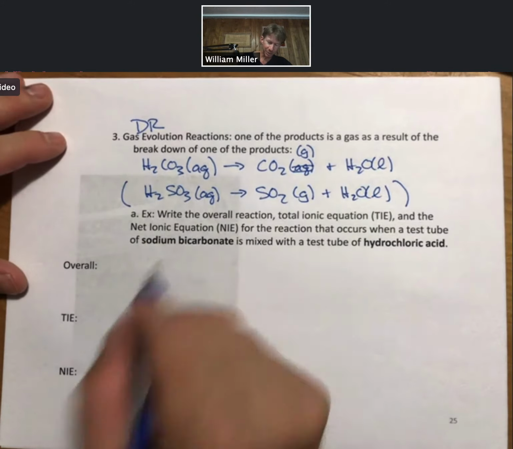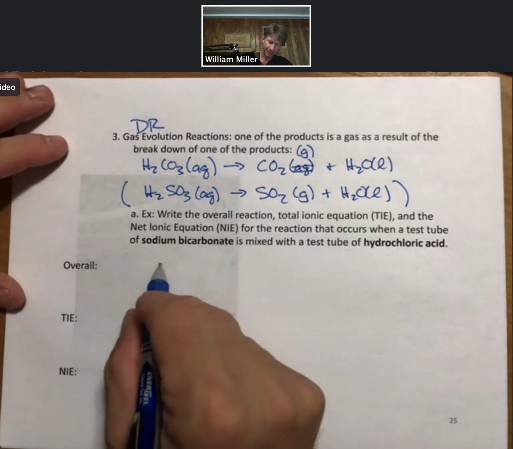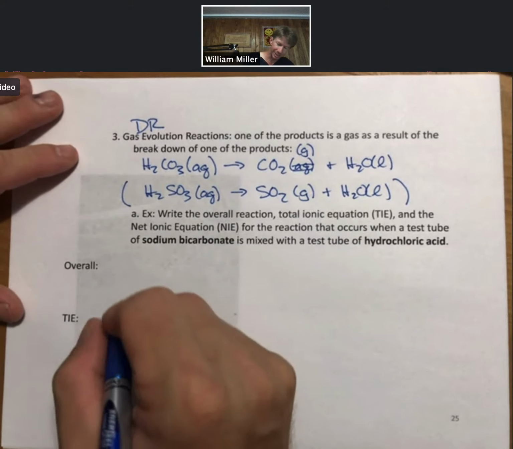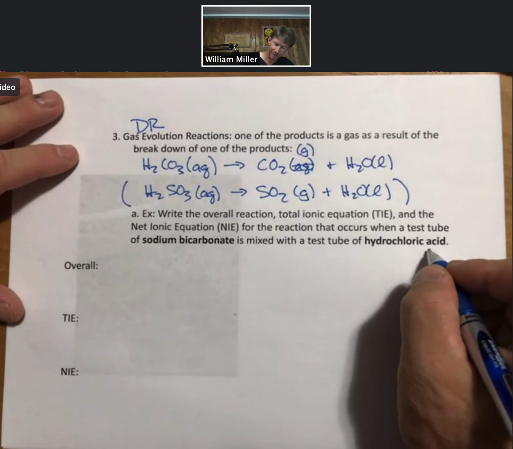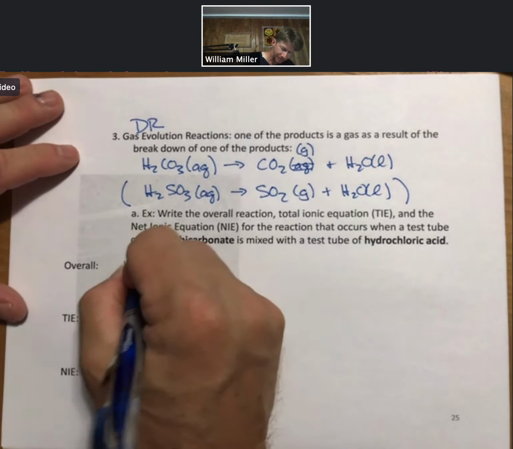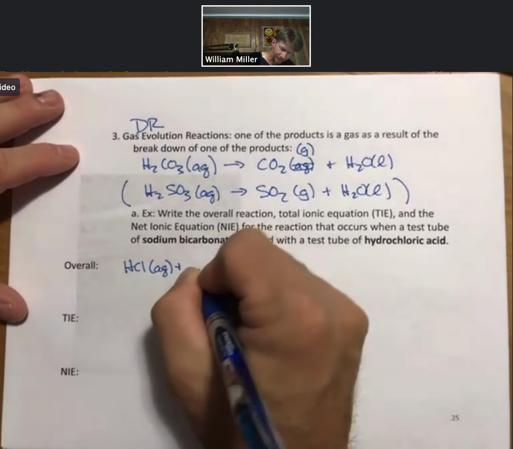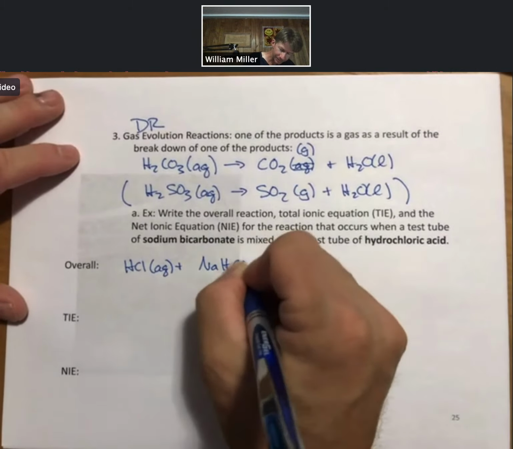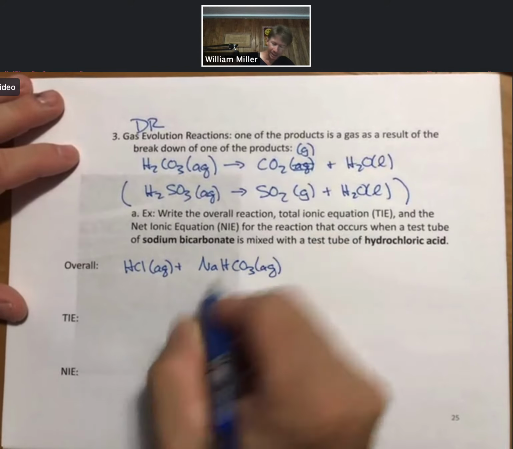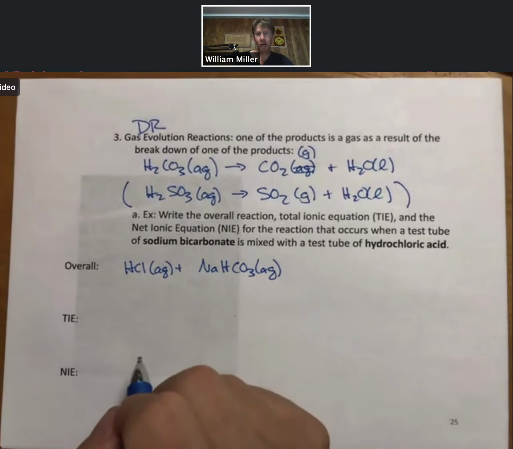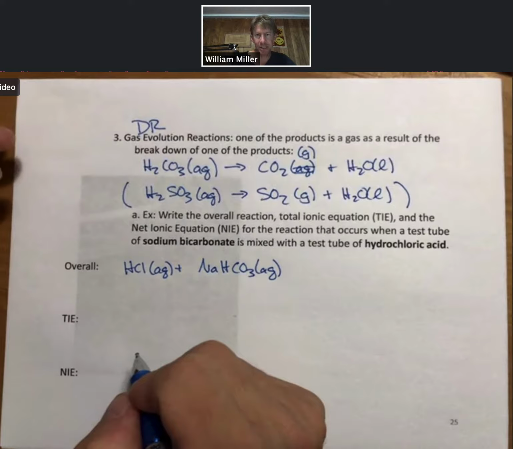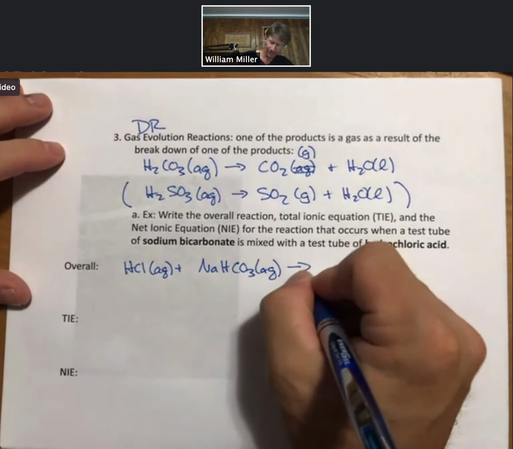For example, as we work through this A here, if you take sodium bicarbonate and hydrochloric acid, I'm going to write the hydrochloric acid first. Sodium bicarbonate, we know it's aqueous, we know it's soluble because it's got sodium.